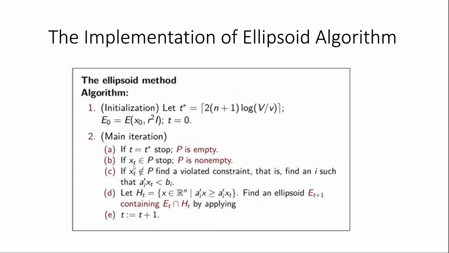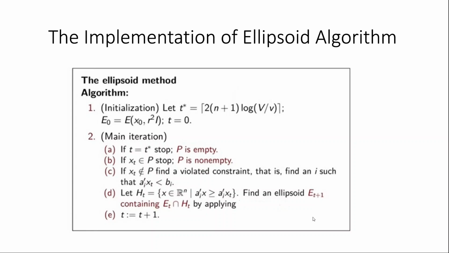What happens if the center of the ellipsoid that has been created does not reside inside the polyhedron? We translate the constraint and create a half space. So HT is the half space that has been created, and the next step is to create a new ellipsoid ET plus 1 that contains the half space HT.